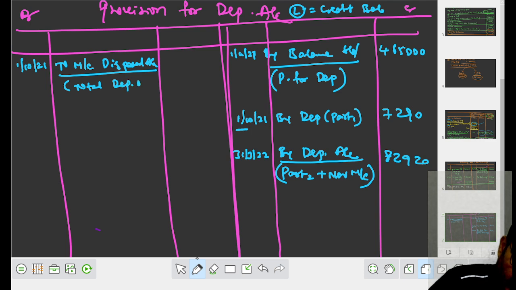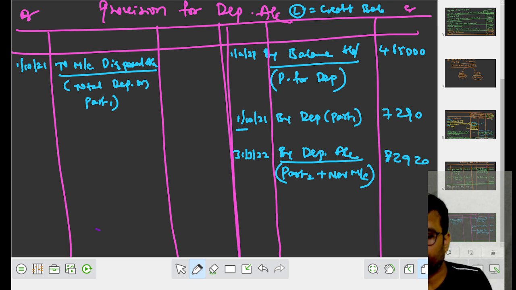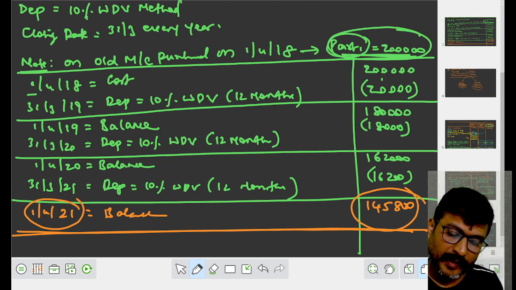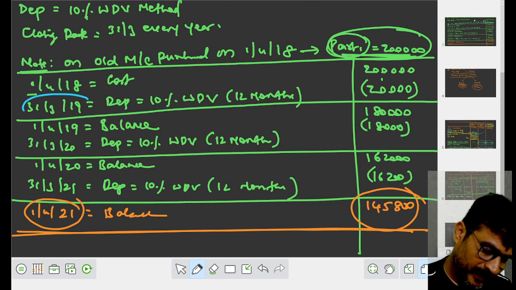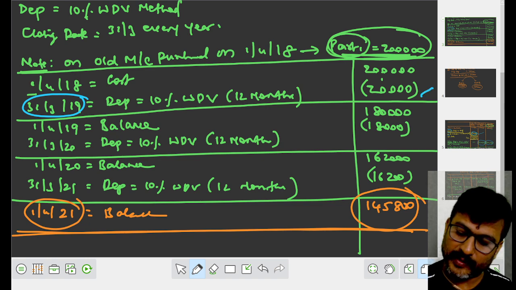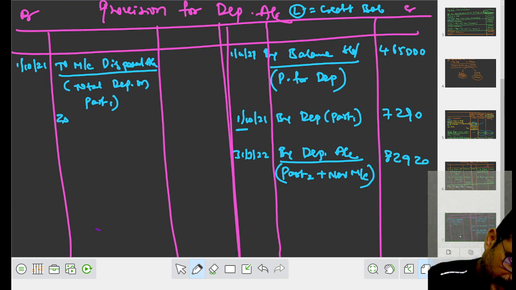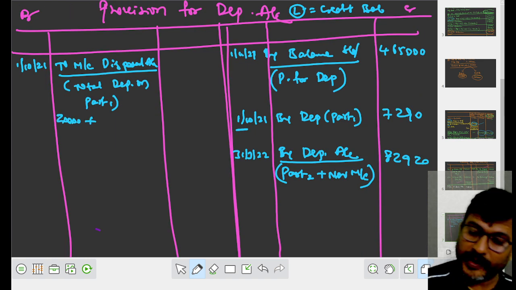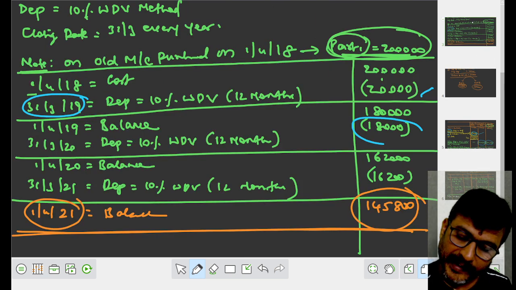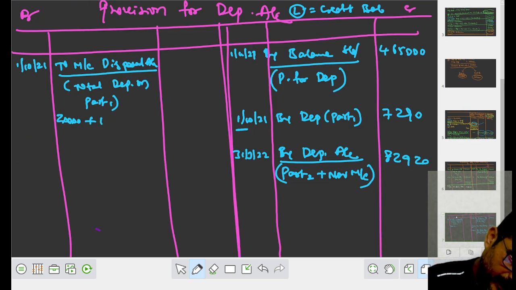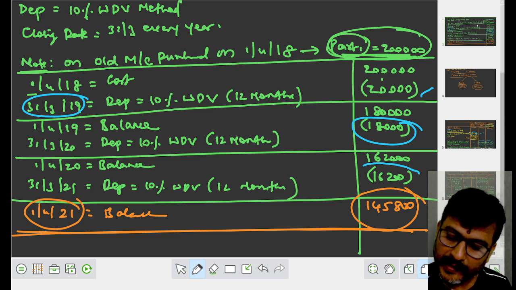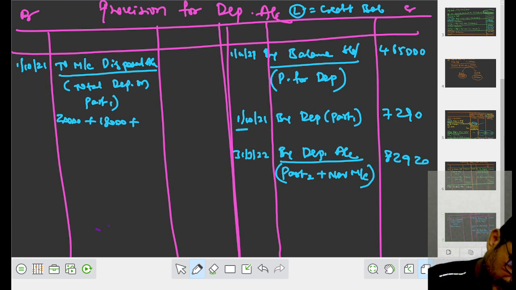Total depreciation on what? Part 1. See, what is total depreciation on part 1? On part 1, 2019, 20,000. Full depreciation we have to take, 20,000 plus, बाद में 18,000 प्लस, उसके बाद में 16,200.